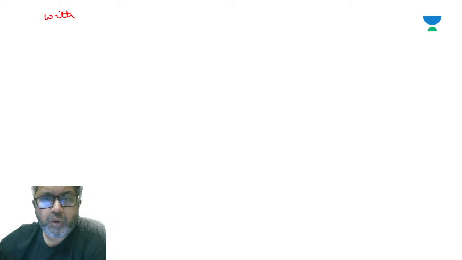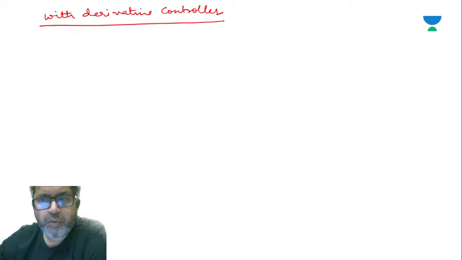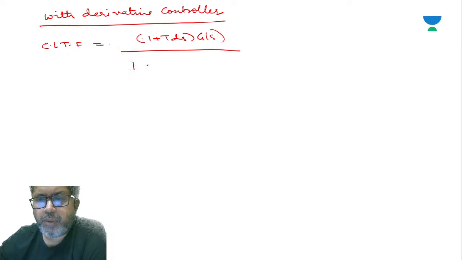With derivative controller, the closed loop transfer function is equal to the numerator, which will be series of 1 plus TDS into GS, divided by 1 plus TDS into GS into HS.